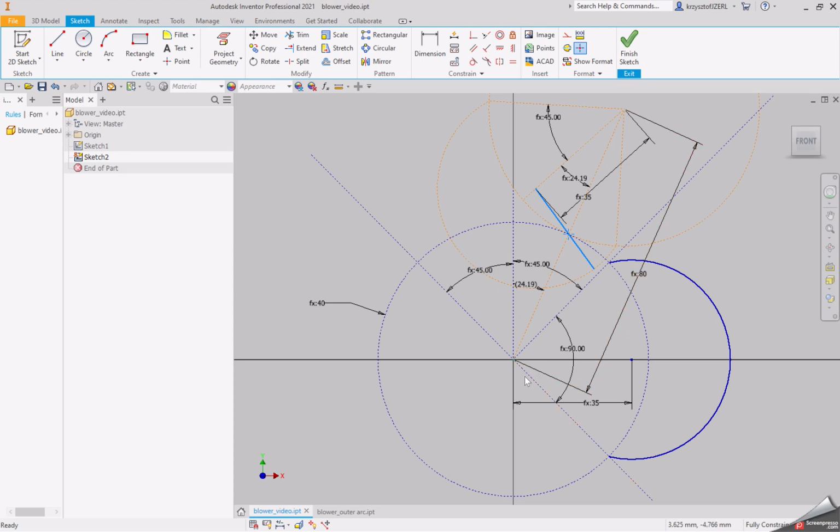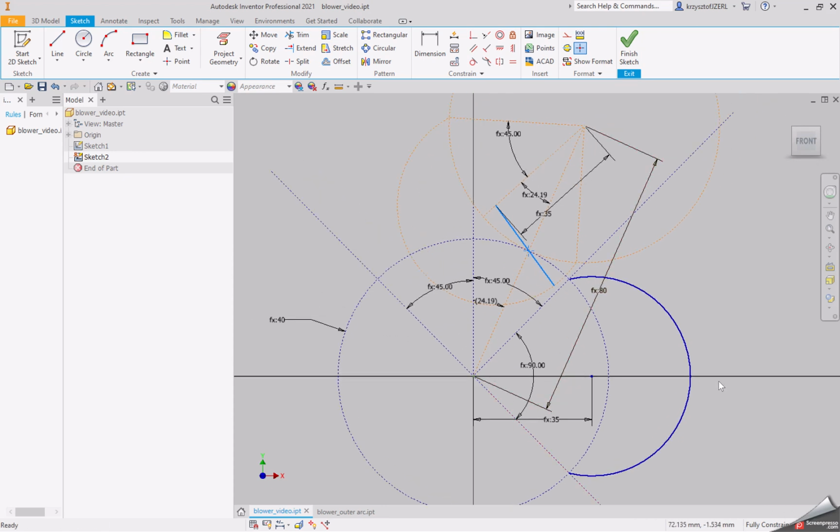And our coordinate system is x, y, and our point is here, and the angles are basically x to y.